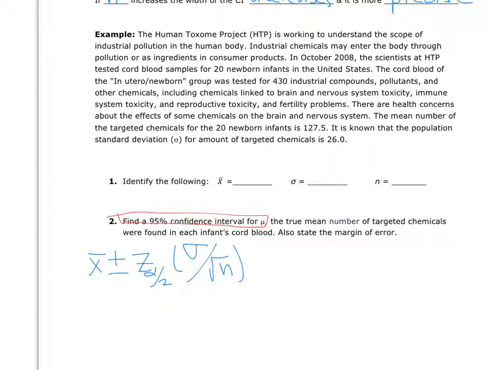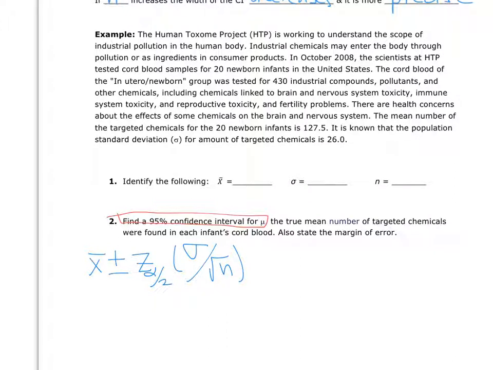If we go through, we come across that they took samples from 20 newborn infants of cord blood. And at the end here, it says the mean number of targeted chemicals that they found in that blood for the 20 is 127.5. That is what we want to estimate, the mean number of targeted chemicals.